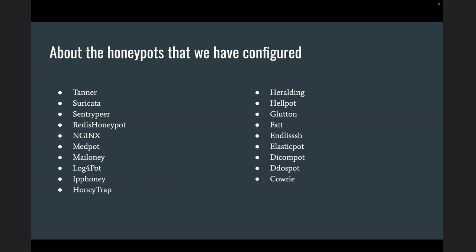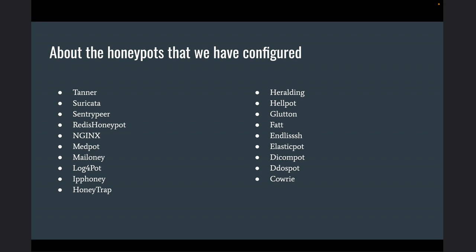Suricata is an intrusion detection and prevention system. It is primarily focused on detecting and preventing network-based attacks. It can detect attacks like network scanning, port scanning, denial of service, and various types of network intrusion attempts.